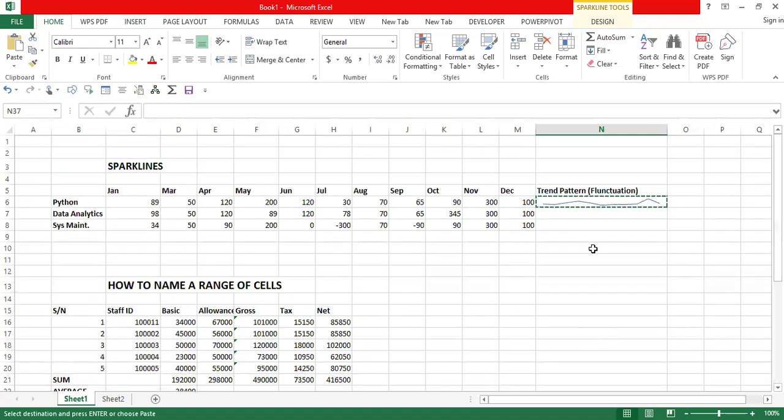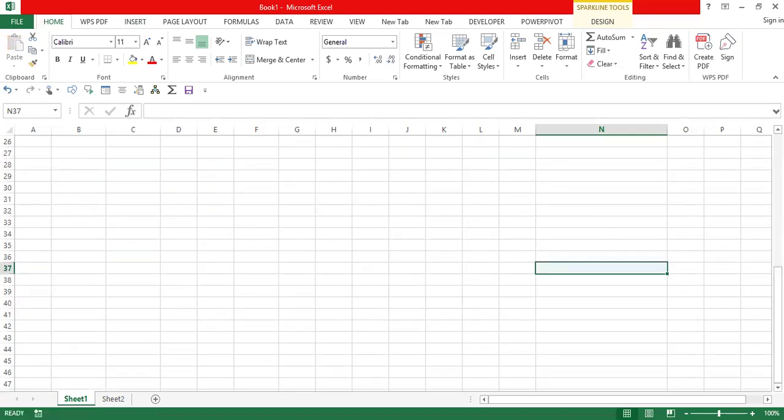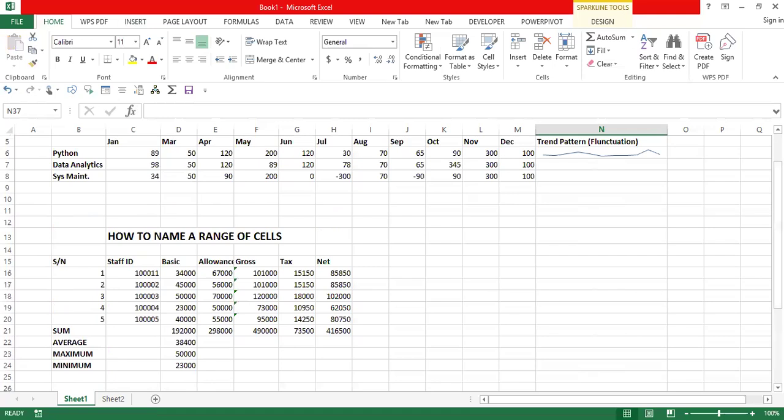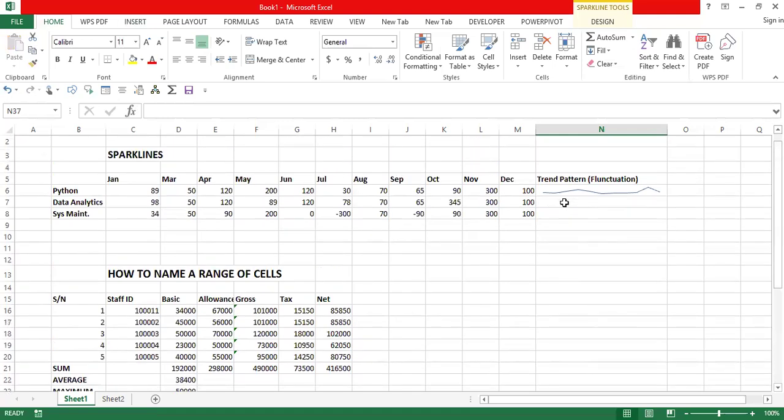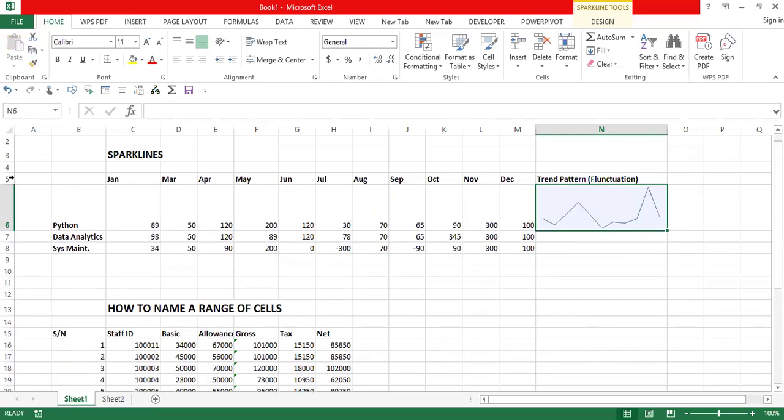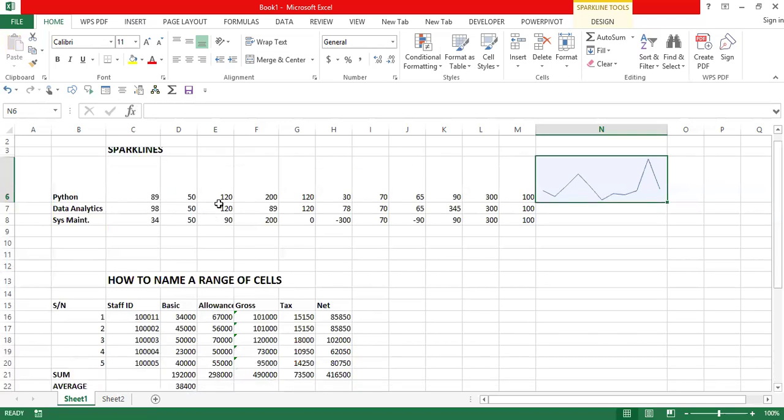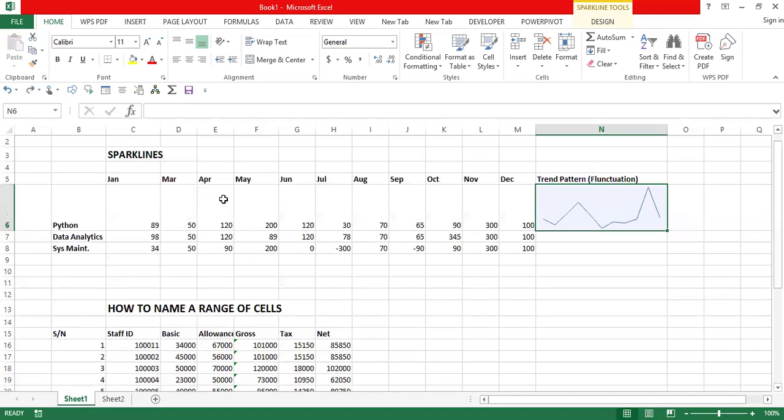So you can see the fluctuation. The number went up and then down, so it's showing you a type of trend, isn't it? If you make that cell bigger, the trend will be even more obvious.